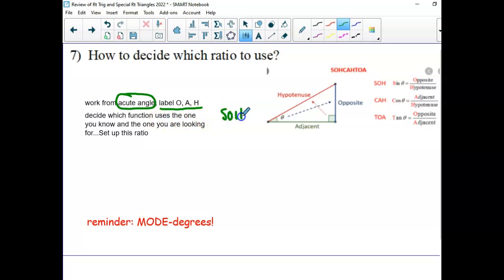So are you going to do SOH, CAH, or TOA, based on the letters that you have for the unknown and the known? Okay, which one do you know, and which one are you trying to find? The one that has nothing on it, you can't use a function that has that. And then we're going to cross multiply and divide.